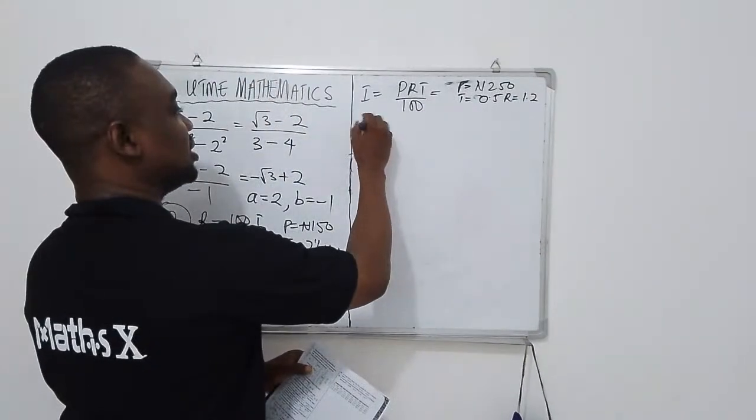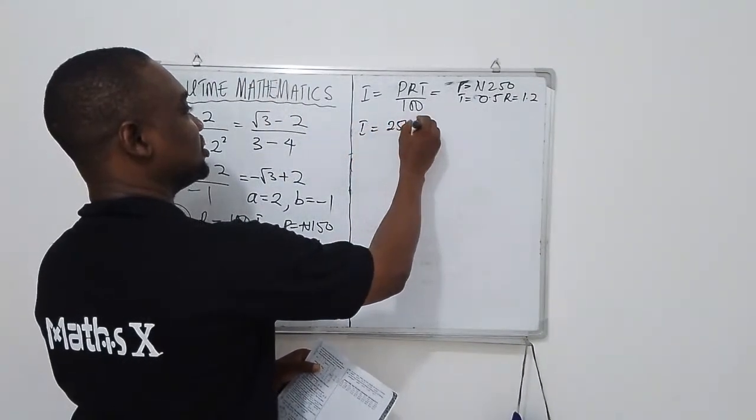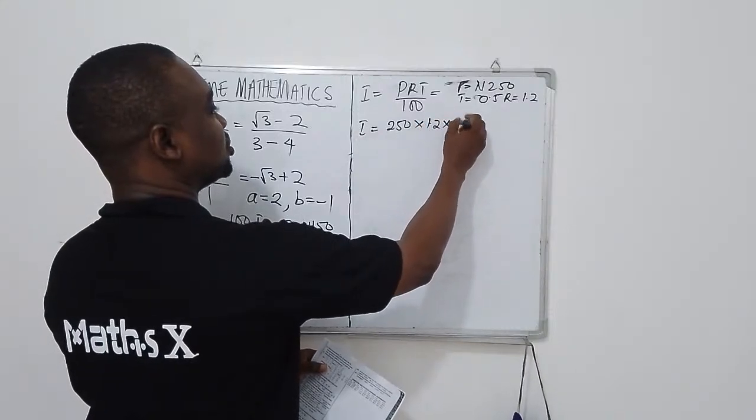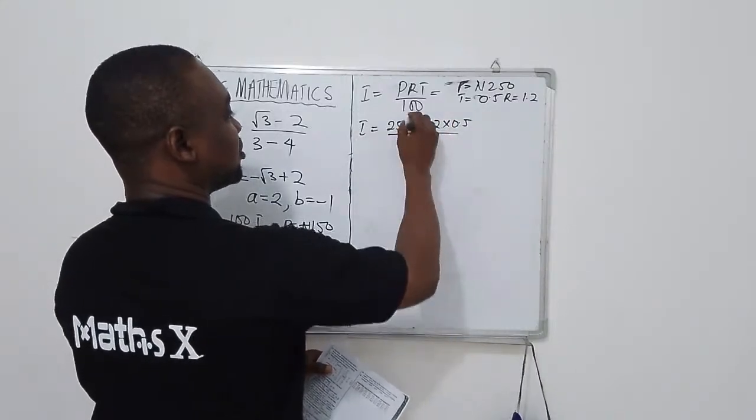So quickly, my I will be 250 times 1.2 times 0.5 over 100.